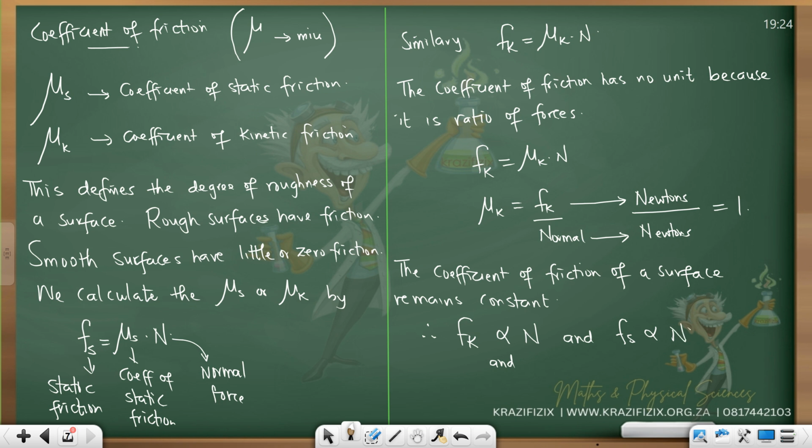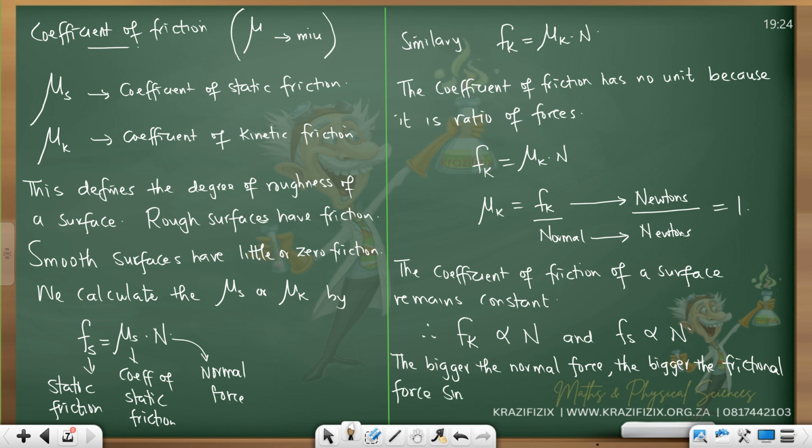Do you know what this means? The bigger the normal force, the bigger the frictional force.